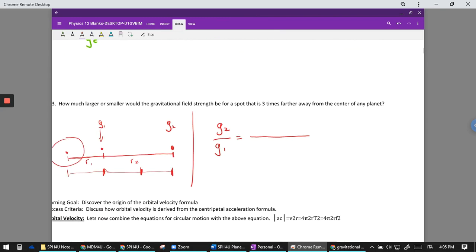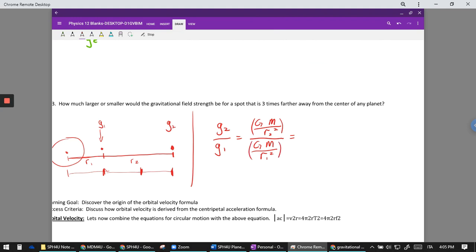So if we write the formula here, it's going to be G times the mass of the planet over radius 2 squared, and G times the mass of the planet over radius 1 squared. That line is a little long, so I'll make it a little bit shorter. Now, if I do some algebra here, I've got a fraction divided by a fraction.